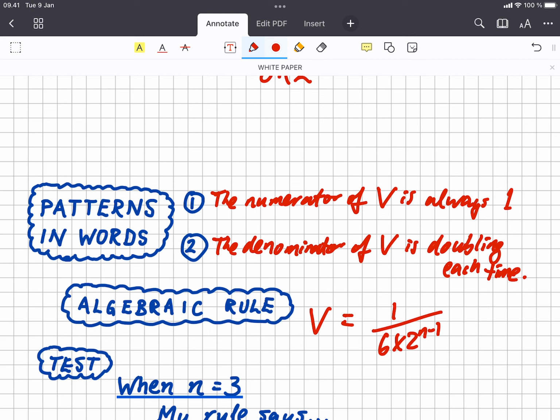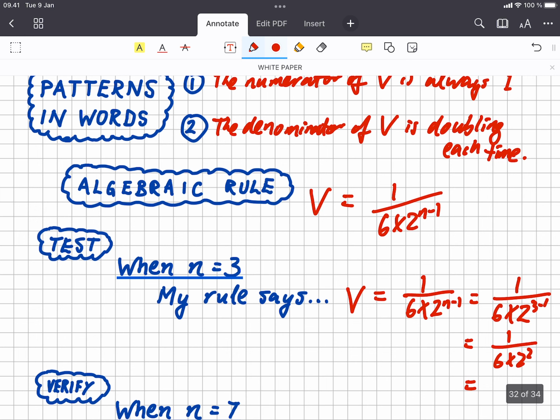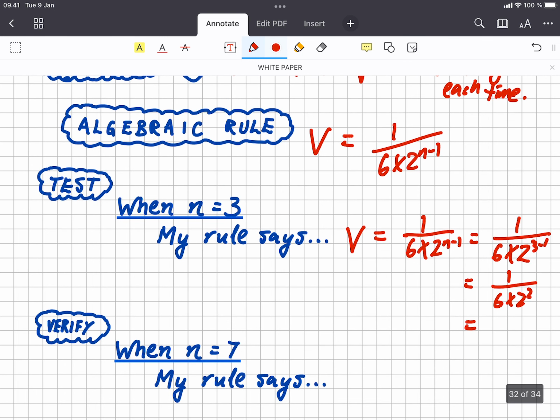So now let's test and verify that. When n equals 3, my rule says V equals 1 over 6 times 2 to the power of n minus 1, which is 1 over 6 times 2 to the power of 3 minus 1, which is 1 over 6 times 2 squared, which is 1 over 24.